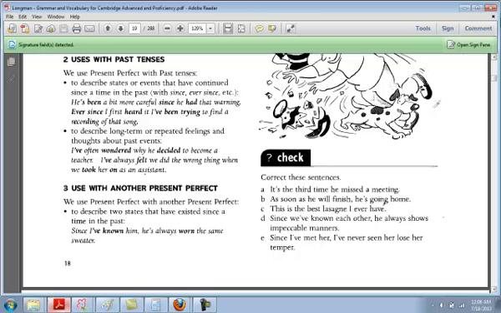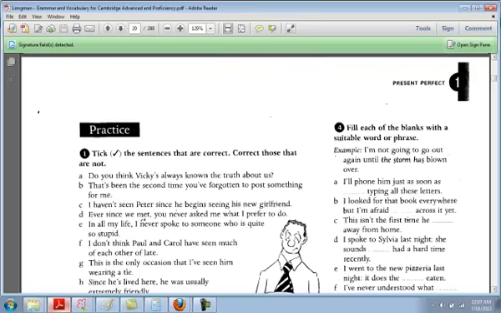Alright? Okay. Since I was 5 years old, for example, I have been solving problems at math. Since I was 5, I have solved many problems at math. That's another example of this situation. Okay. D. Ever since we met, you never asked me what I prefer to do.